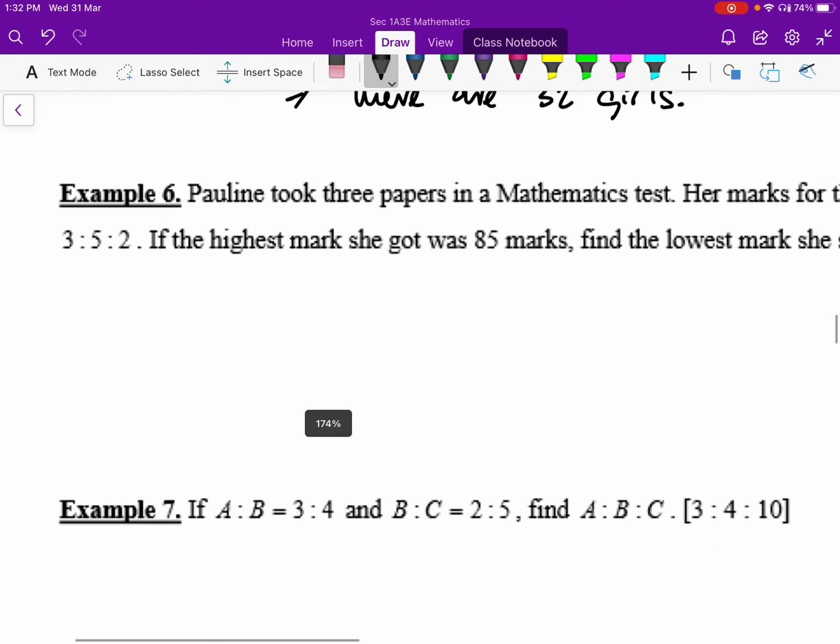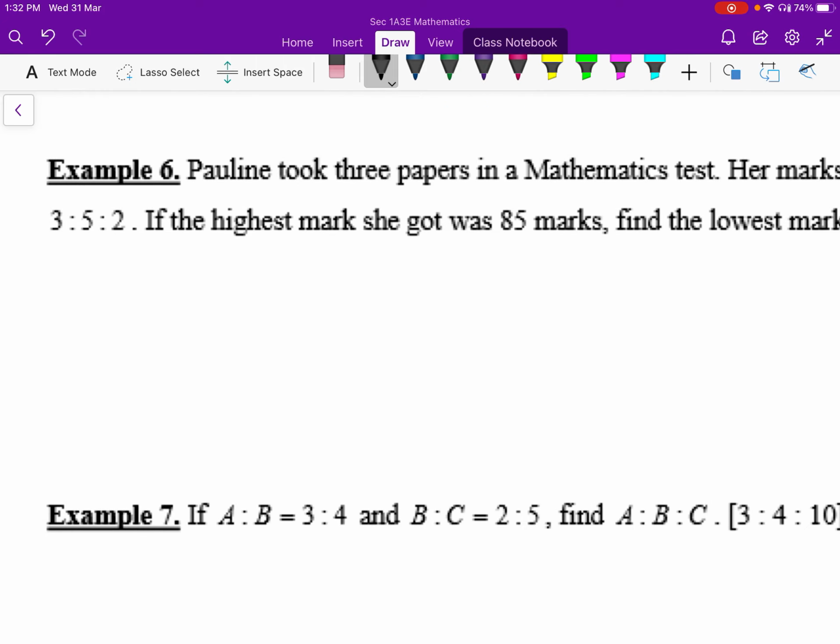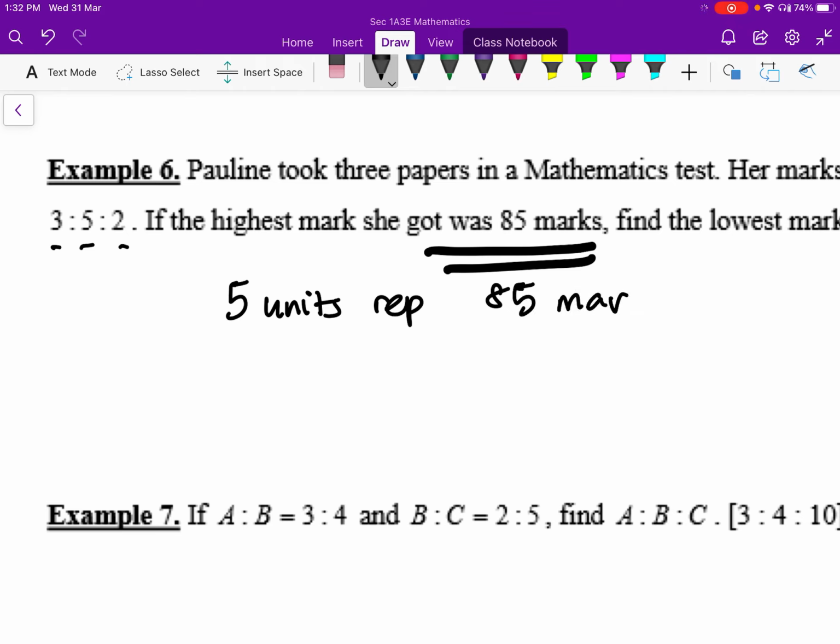So in this case, 3 to 5 to 2, those are in lowest form representing the score. The highest mark was 85. So that tells us which of these is our 85. So the 5 over there, represented by 5 units, represents 85 marks.